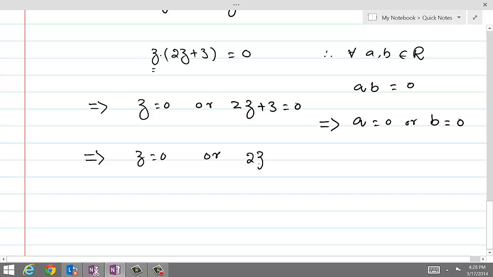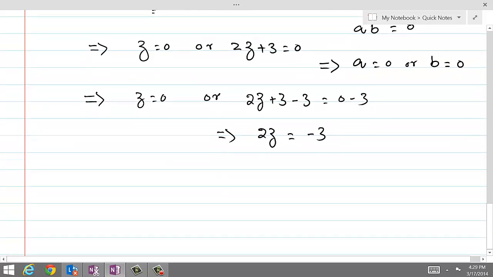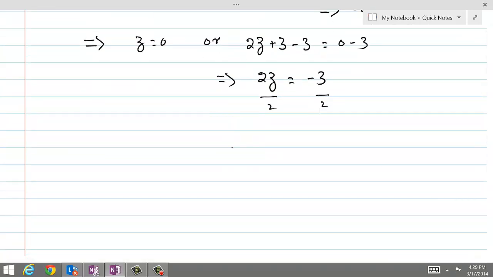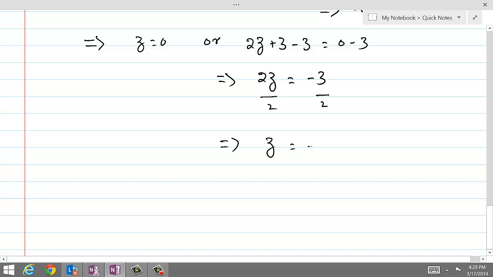So 2Z plus 3, and we take away 3 to transfer 3 to the right hand side, 0 minus 3, and we have 2Z equal to minus 3, and then dividing by 2 on both sides, we will have Z equal to minus 3 over 2.